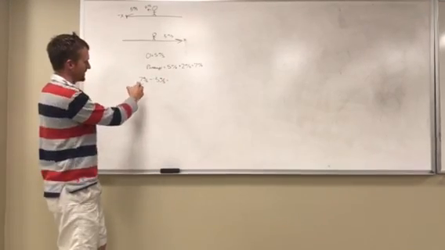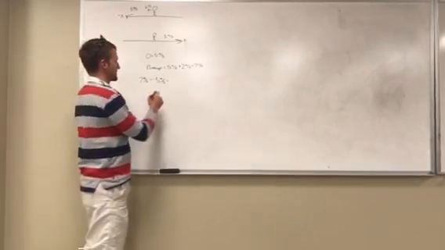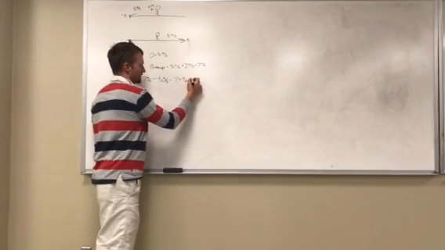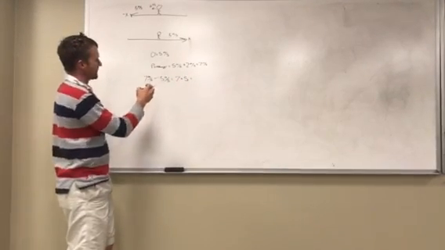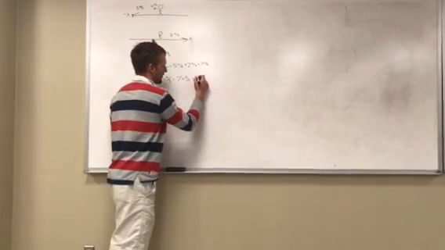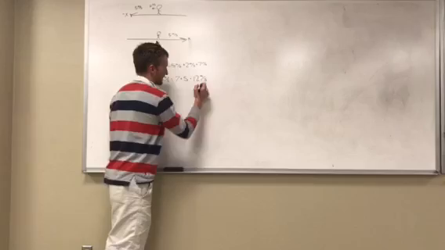You end up with 7 minus a negative 5, which is 7 plus 5, and that gives you the rate at which the observer is viewing the passenger going, 12 meters per second.